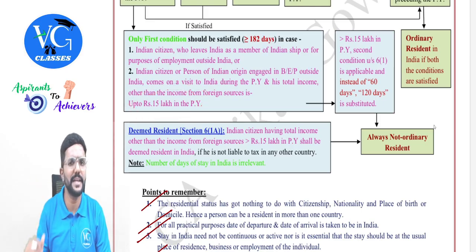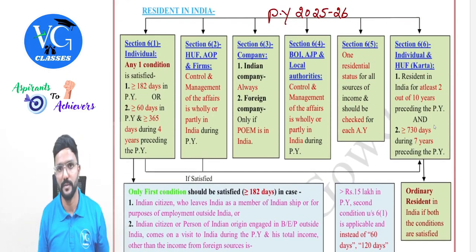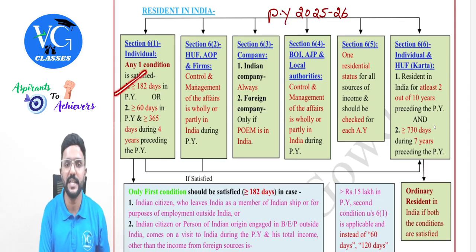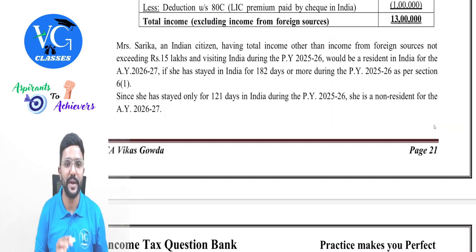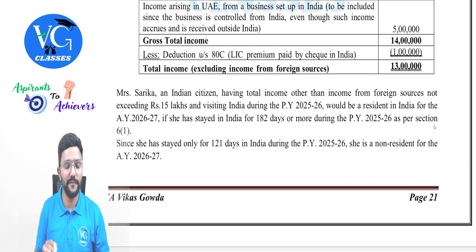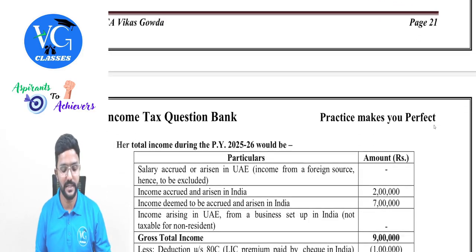That is total income other than the income from foreign source. So she will fall under this provision, in which case the second condition is not at all applicable. She has to satisfy the first condition in order to be resident in India and she didn't satisfy. Why is it, sir? She was in India during the previous year only for 121 days.